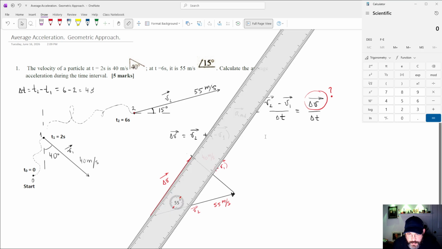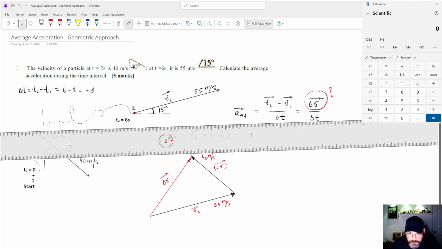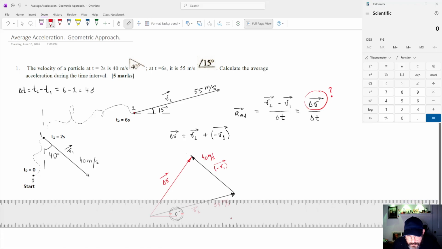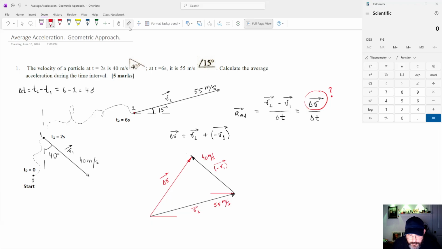Okay, so let's draw a couple of horizontal lines to define the angles in this triangle. Because right now it's not defined, right? We have two sides, but we need the angle between those two sides. So this angle here is 15 degrees. This angle here is also 15 degrees, since this is parallel to this.